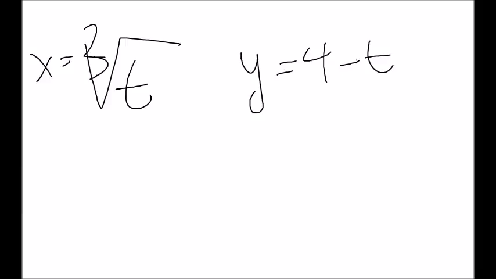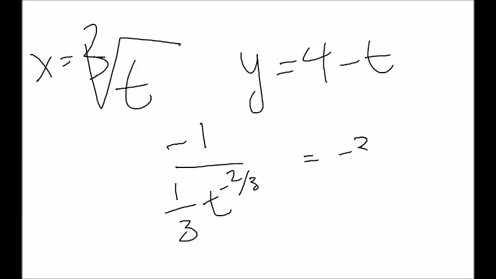So basically what we do is we take the derivative of y with respect to t, so that's -1 over the derivative of x with respect to t, which is 1/3 t to the -2/3, and this will equal -3 t to the 2/3.